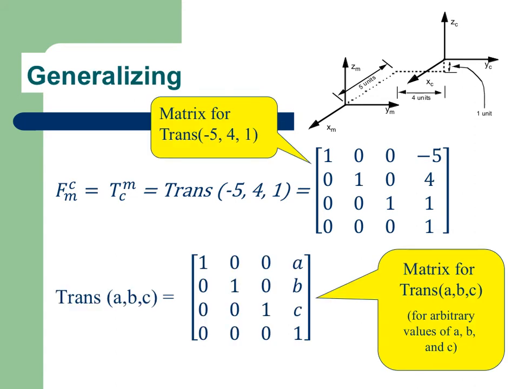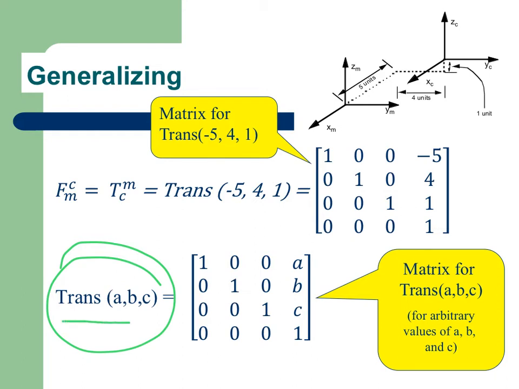And indeed, if I figure out that the frame transformation between M and C is something like trans ABC, the most important part of this part of the lecture is that we only have translation, right? There's no rotation, we're just translating.